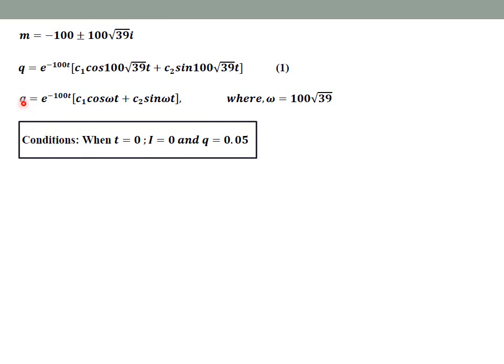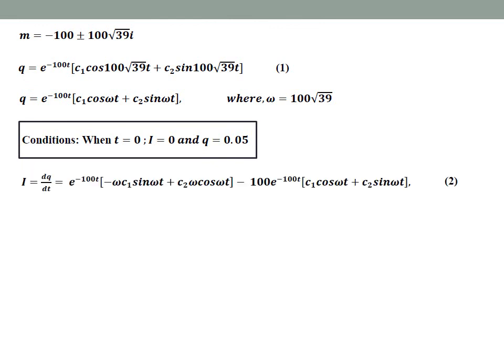So once you get equation 1, you differentiate it with respect to t. See here, I have differentiated: I is equal to dq by dt. Here t is there here as well as here, so I have to go for the product rule. First function as it is, that is e power minus 100t, into differentiation of the second function.